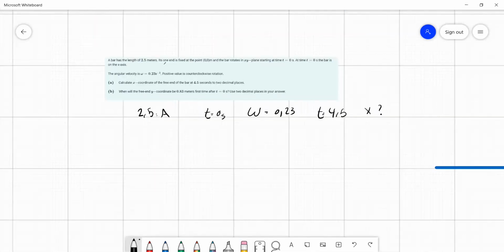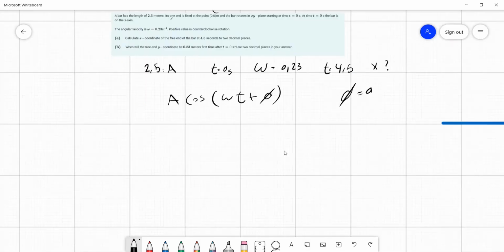So the formula we would be wanting to use would be amplitude times cosine of omega t plus phi. But notice that our point of origin was at 0, 0, so there was no shift angle. So phi is essentially non-existent over here, so phi can be ignored. And now we can actually plug in the values.